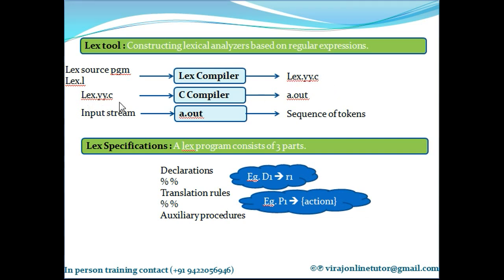This lex.yy.c is given to the C compiler, and it will generate a.out. Now your a.out is your lexical analyzer. To this a.out, you can give your high level input program, and it will automatically give you the sequence of tokens. Simple.